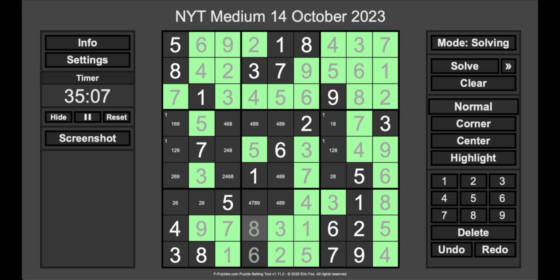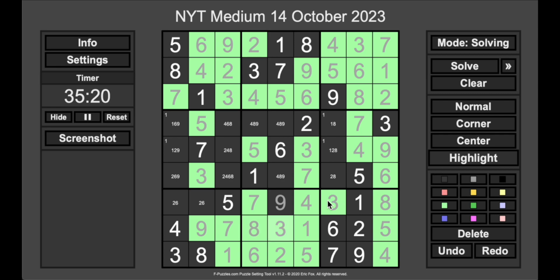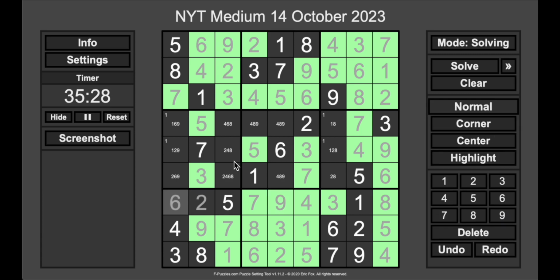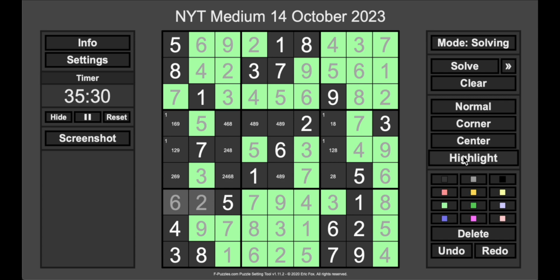4, 5 comes back over here, that's 6. 5 makes this an 8. This can't be 4 or 8, so that's 7 or 9. This can't be 4 or 8, so that makes that 9, and that's 7. So, 2, 6, like so. That's not 6.